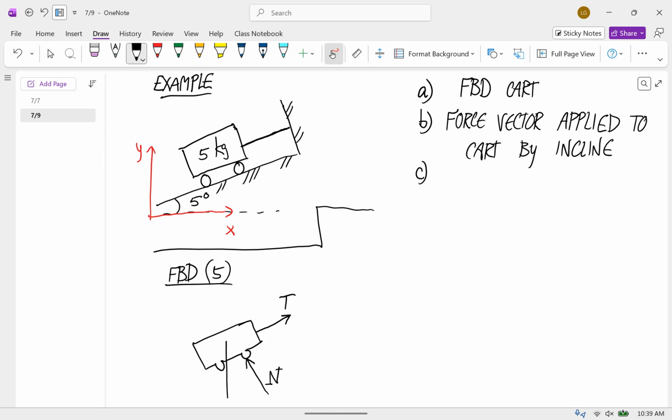And let's calculate the cable tension T. That's just the value of that variable T. And then fourth, let's calculate the force vector applied to the cart by the cable.